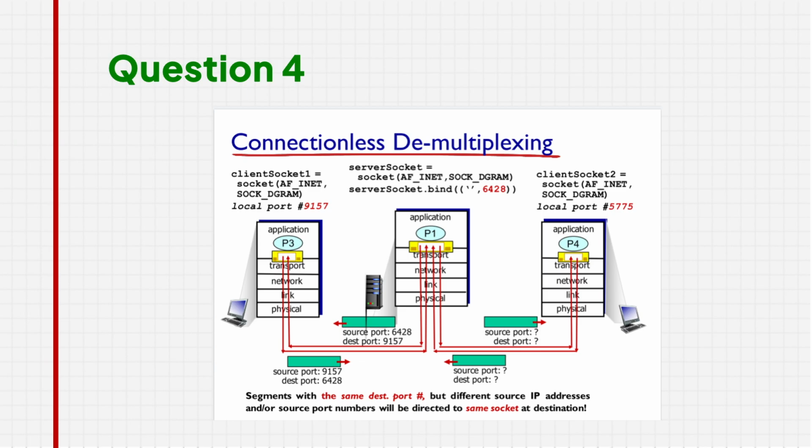If I want to send mail to this hotel, I will need the hotel's address. And then each of the rooms will have a room number. So this room number is basically your port. This address is your IP address.